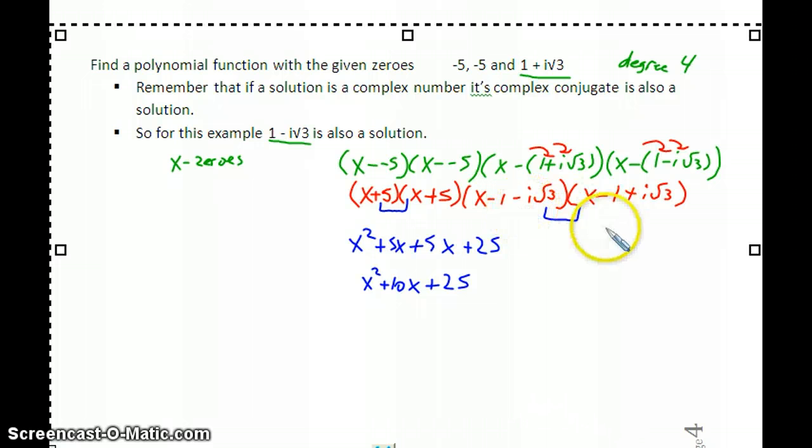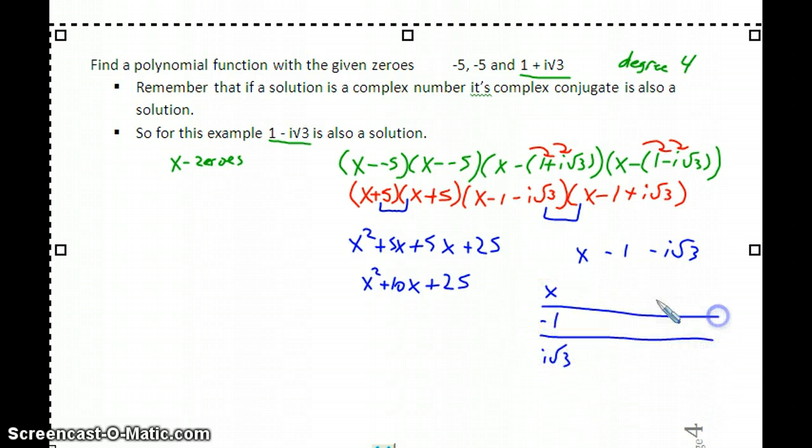Now let's multiply these two together. Again, I'm going to make a chart for this because I think it's going to be easier to multiply these together. Keep in mind, when we multiply conjugates together, that we should not have any more i's left over.